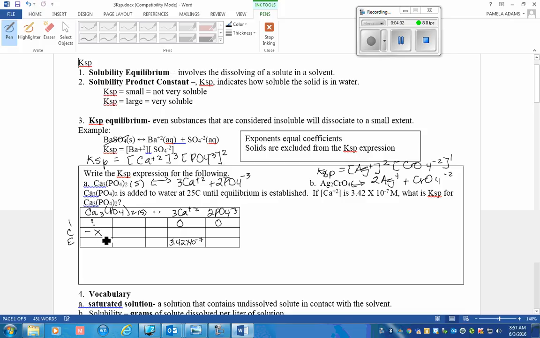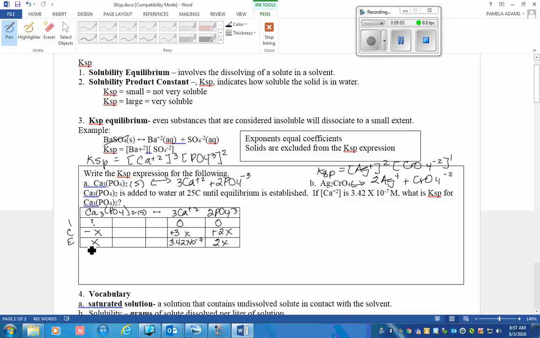For every 1 calcium phosphate unit that dissolves, there will be 3 calcium ions formed and 2 phosphate ions formed. So at equilibrium, the concentration of calcium phosphate, the solubility of calcium phosphate, will be X. We know the ion concentration of the calcium will be 3X and the phosphate ions will be 2X.